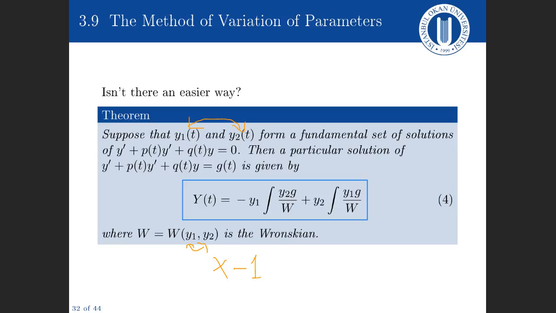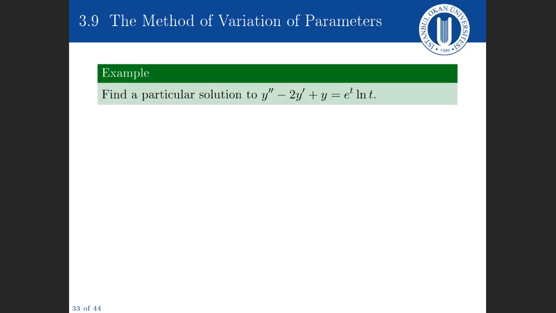The determinant is multiplied by minus 1. So then we get an extra minus. This minus turns to plus, and this one turns to minus. And then the minus signs cancel out, and you get exactly the same answer. So this is why it doesn't matter which function you call y1 and which function you call y2.